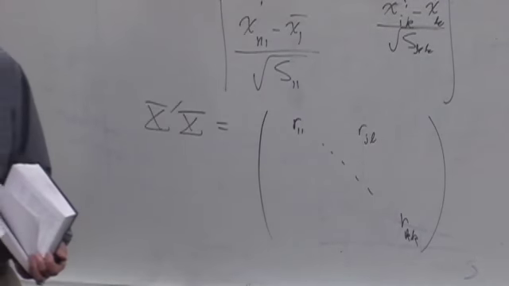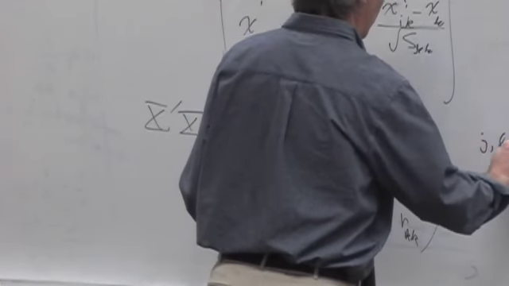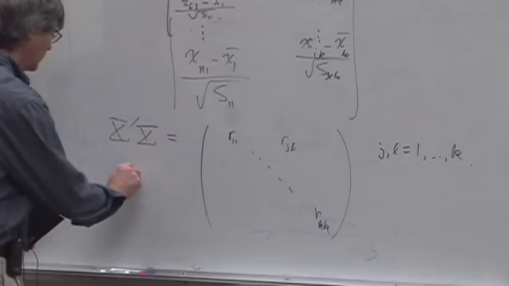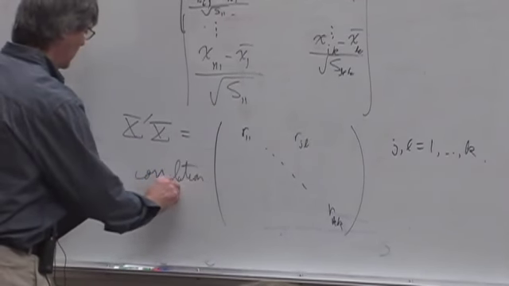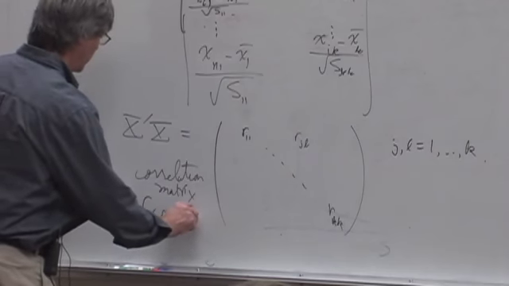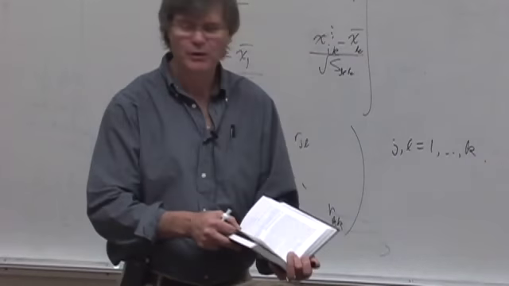J and L going from 1 to K. So you're taking the regressors, that's the correlation matrix for regressors. So that's the thing to remind yourself of in this chapter, or in that section.